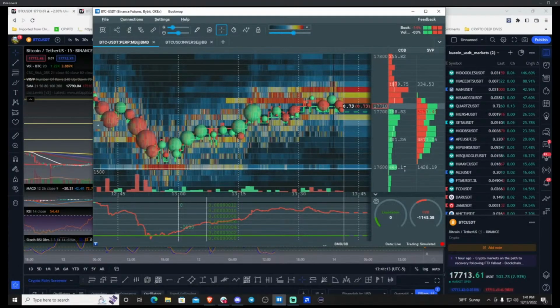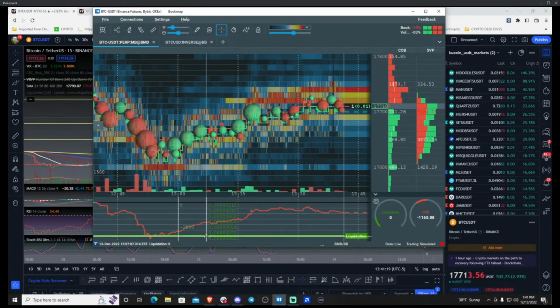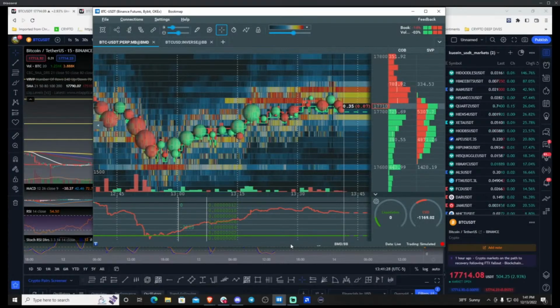Anyway, CVD is super simple. If it's a sell aggressor, like a market sell, that has a number, a negative number. If it's a buy, it's a positive number.